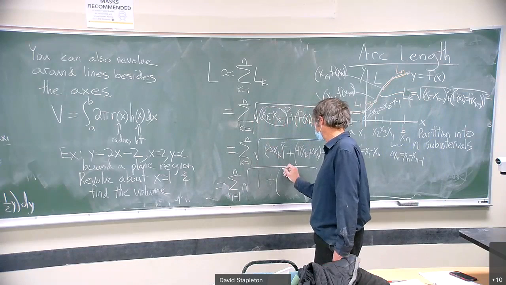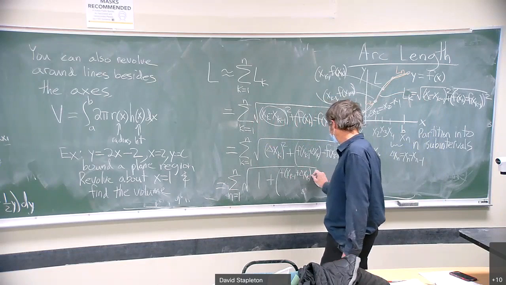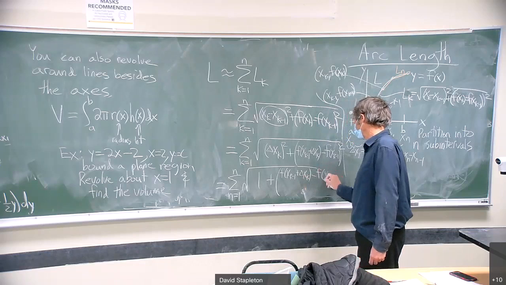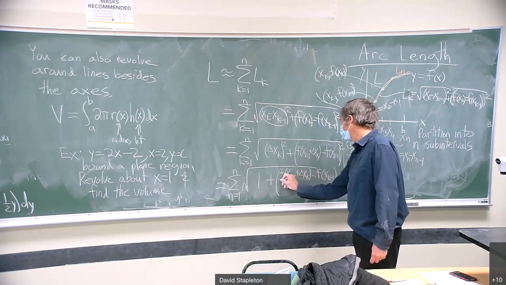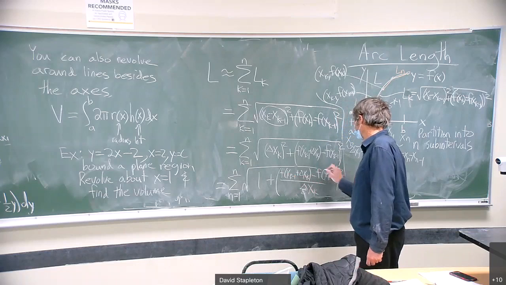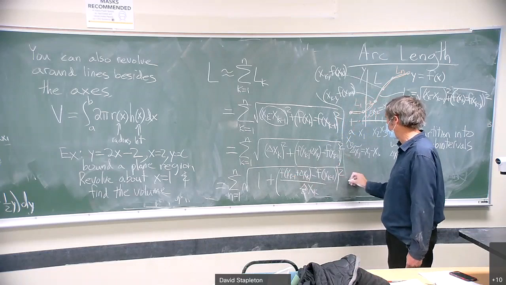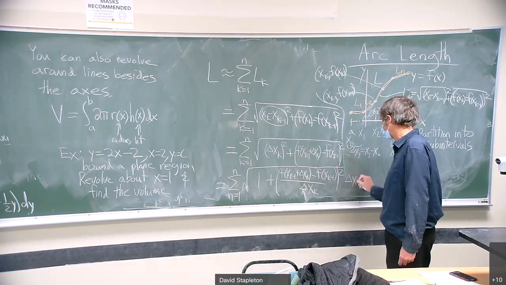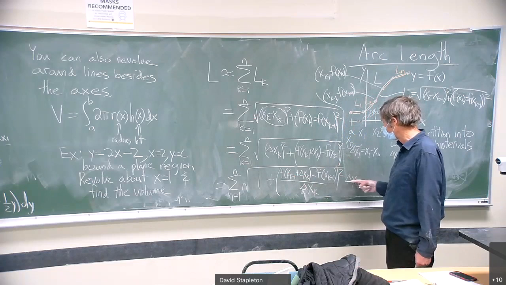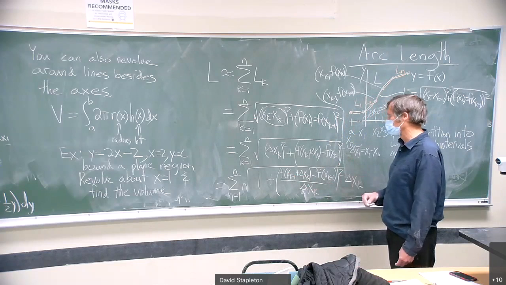And here I get f of xk minus 1 plus delta xk minus f of xk minus 1, all over delta xk, squared. So that's dividing the inside by delta xk squared, and then I can cancel by multiplying outside by delta xk. If you move that inside, it would be squared, it would cancel this one. So there's another way of writing the arc length.